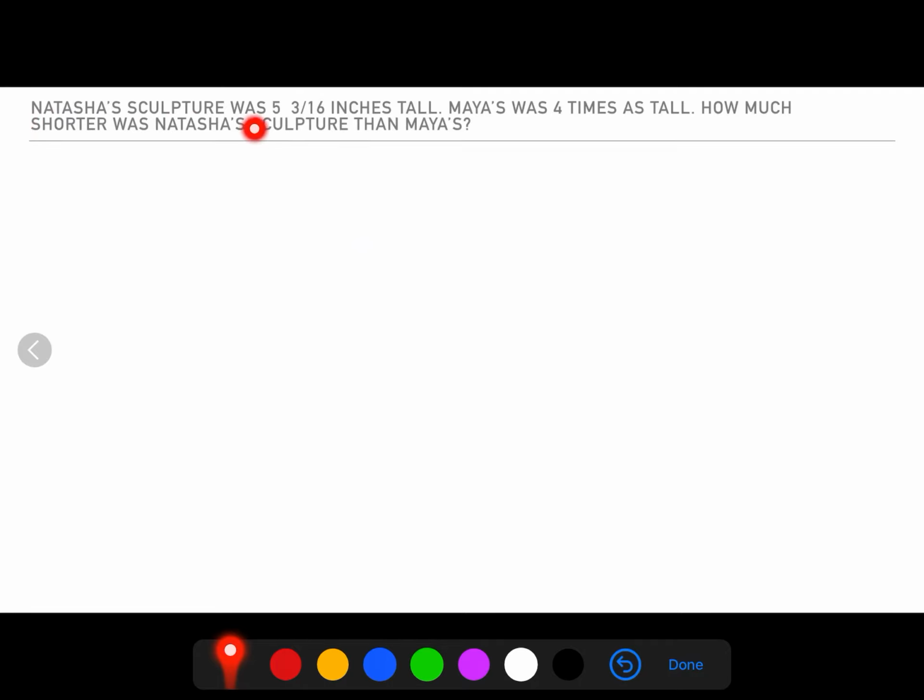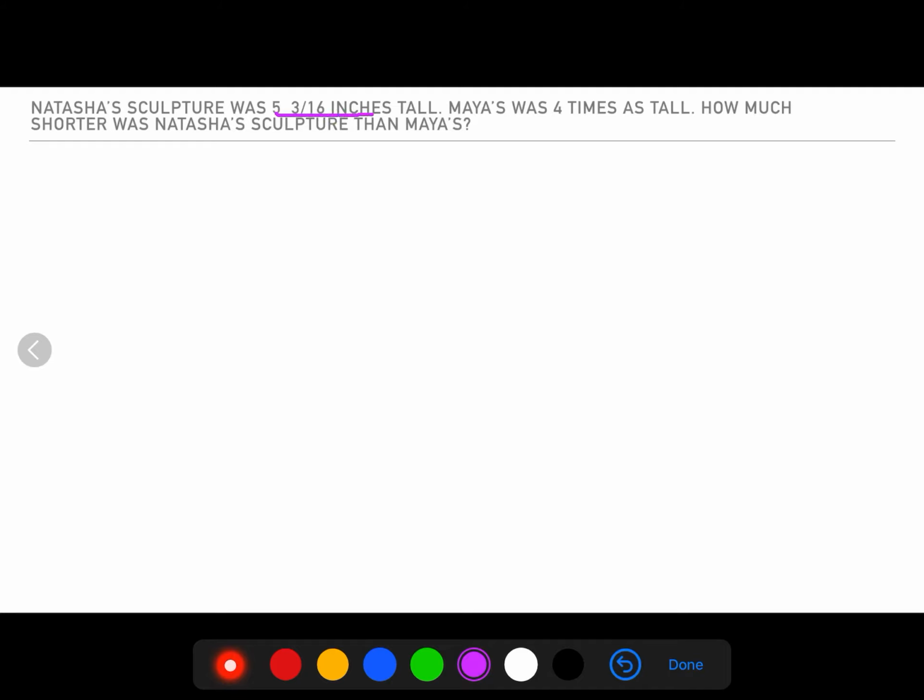This problem says, Natasha's sculpture was 5 and 3/16 inches tall. Maya's was 4 times as tall. And how much shorter was Natasha's sculpture than Maya's? Now, let's look at each sentence identifying key details. What am I going to underline in this first sentence? That's right.